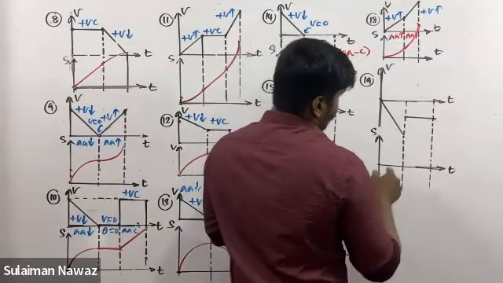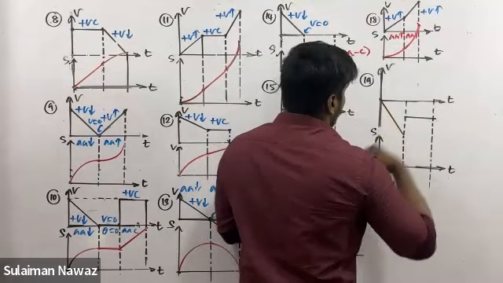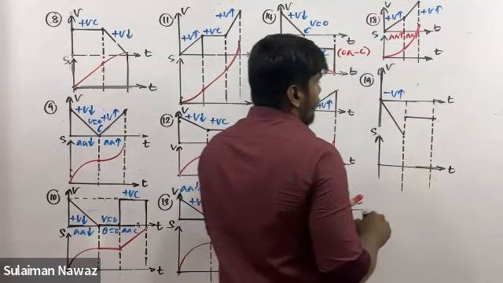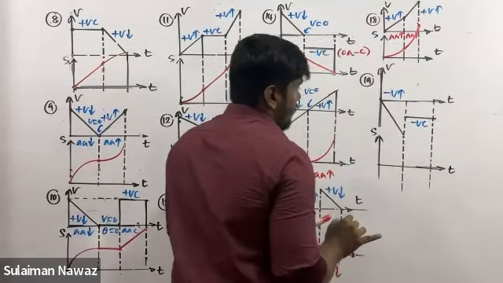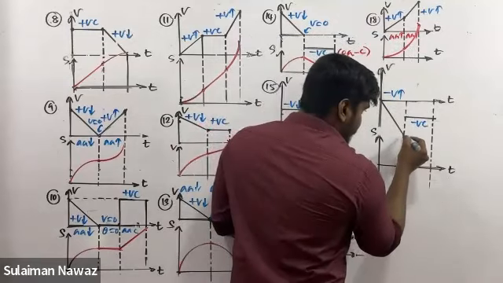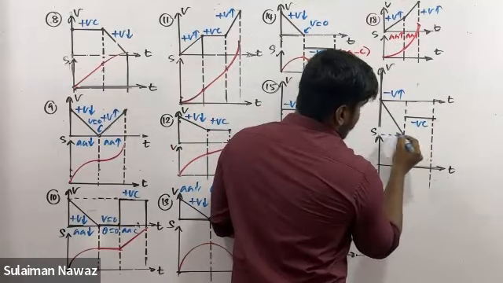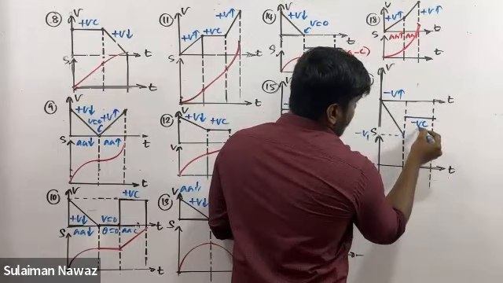Now look here at the y-axis: negative velocity increasing. Here, negative velocity constant. The important point is to think about the negative velocity here, I say V1, and here, I say V2.